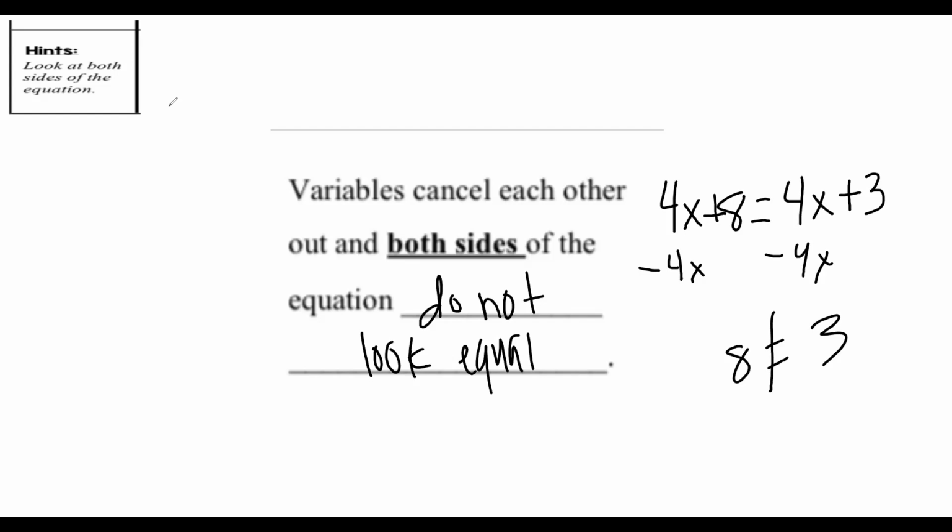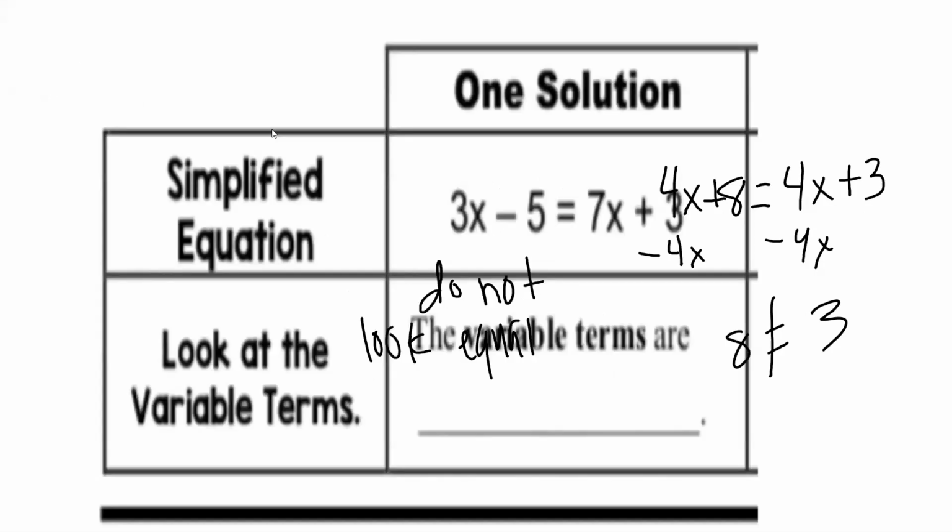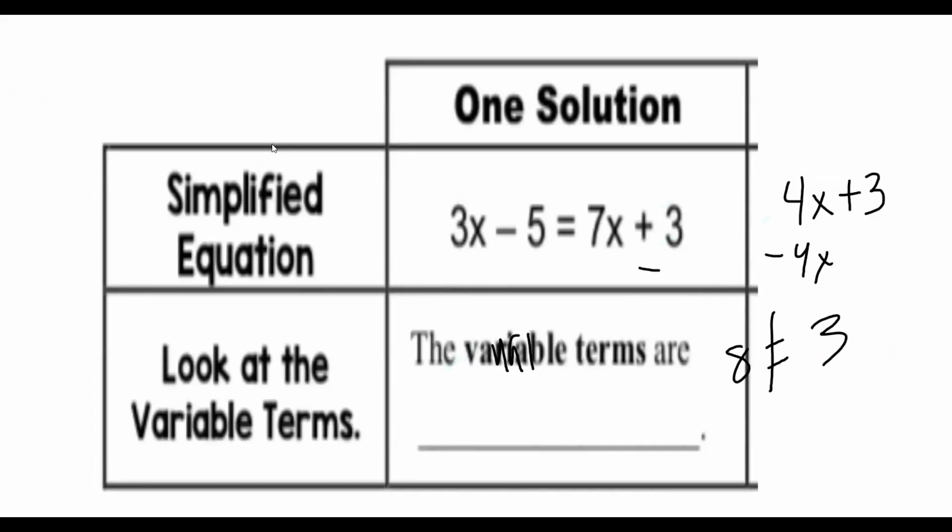So then you should have another sheet or on the back of your sheet. Yeah, it's on the back of your sheet. We're going to continue with our notes. And we're just going to go over some examples and look more into what these definitions mean.